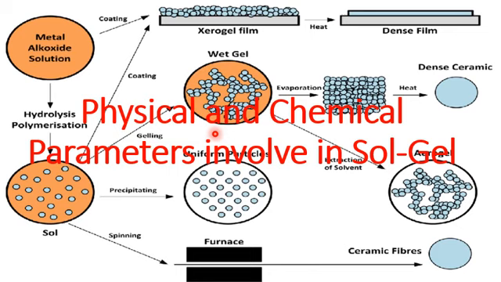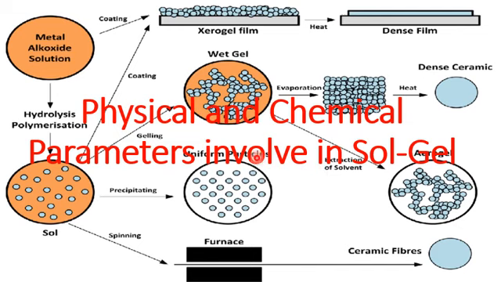So in simple words, the physical and chemical parameters involved in sol-gel process are very important if you want to prepare a well precise and better material with a very accurate composition and also size of the nanoparticles, nanorods or nanowires.